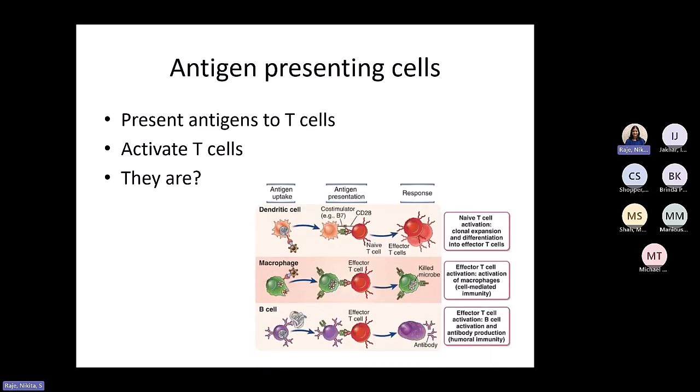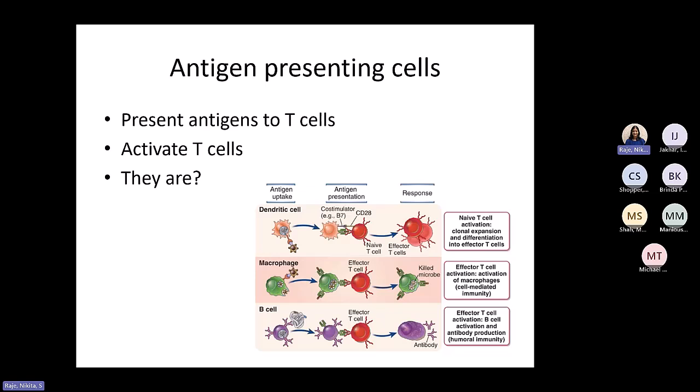We know that there are three types of professional antigen presenting cells. These are dendritic cells, macrophages, and activated B cells. So remember, the dendritic cells are the most important, presenting antigens to naive T cells.